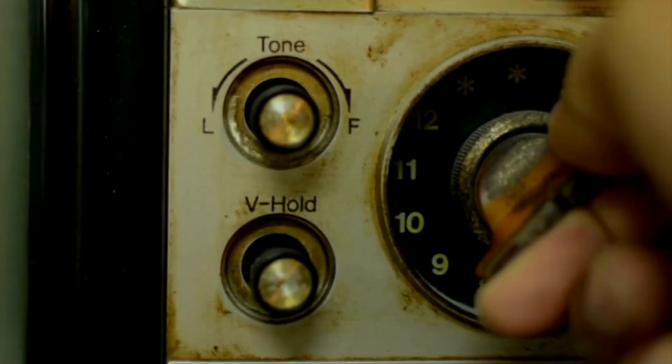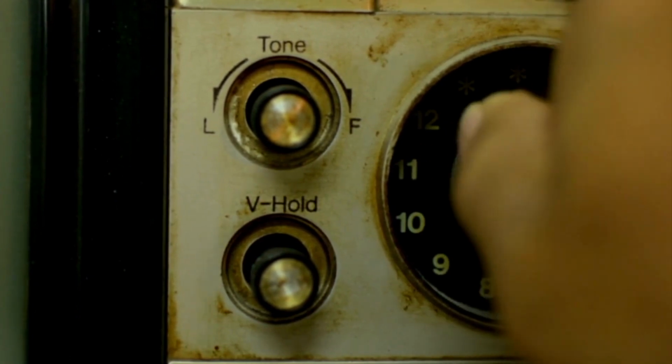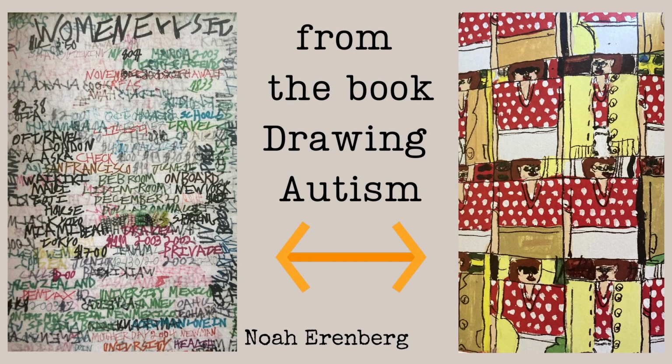Let's get into some of the art examples from this lesson. Now, I got the idea for this lesson from the book Drawing Autism. It documents individuals with autism or octogenarians that make art. One chapter was devoted to the idea of repeating.